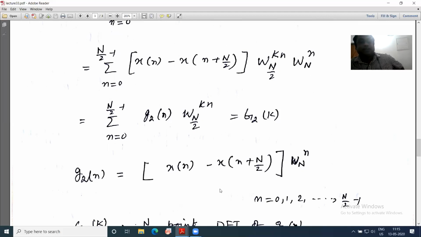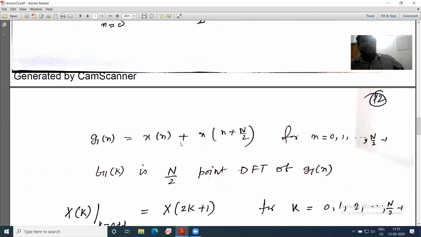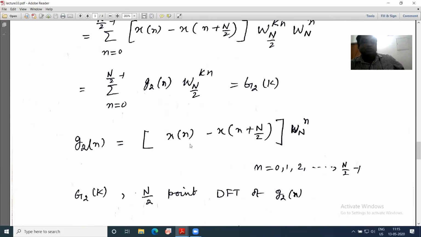g2 of n differs from g1 of n in two respects. One is the sign: g1 has a plus sign and g2 has a negative sign. Not only that, g2 of n has an additional multiplication factor, or phase factor, but g1 of n does not.